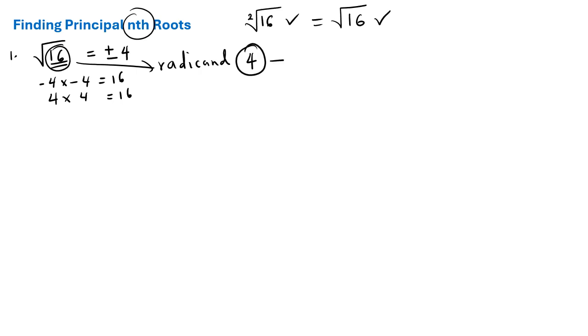That will be the principal square root. So if you're looking at the nth roots, there will be positive and negative 4, but the principal root has to keep the same sign as the radicand.